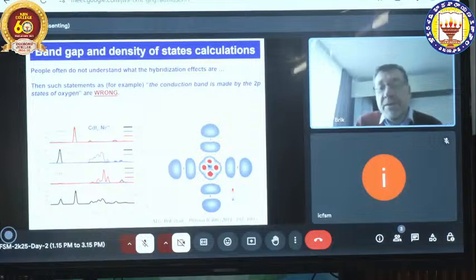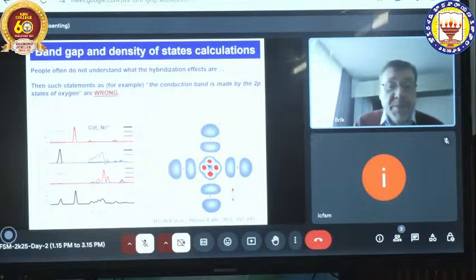And these are the densities of states of 3d orbitals. And look, there is even some non-zero 3d character on the iodine ions, because of the overlap of 3d states of nickel and 5s states of iodine.